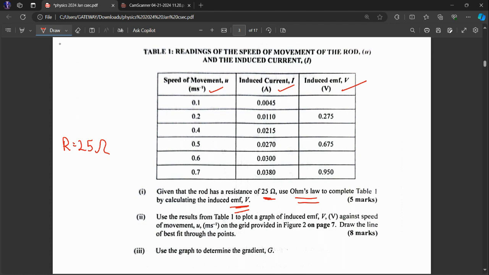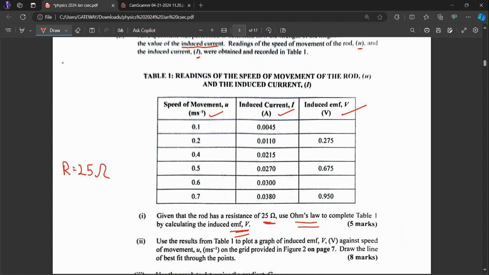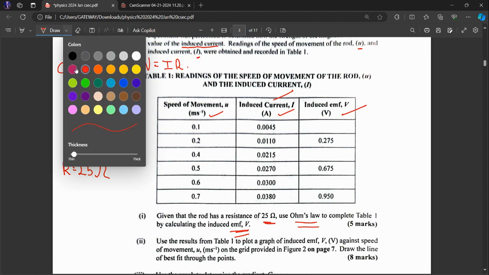If you did not know Ohm's law, you would not have been able to fill out this column here. Ohm's law is basically V equals IR. We have I values, which are the induced current values, and we have a fixed value for R, which is 25. So we just substitute that here.